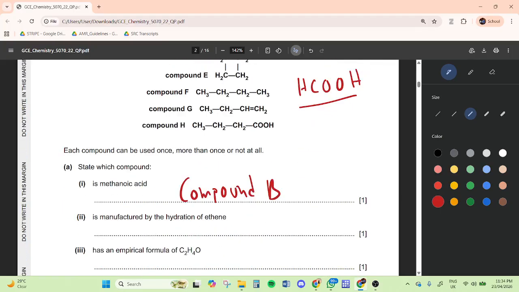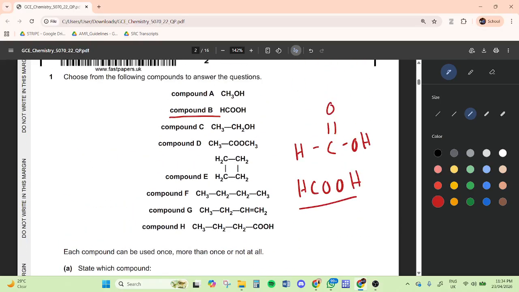The next one is manufactured by the hydration of ethene. So if you hydrate ethene, ethene looks something like this: C C H H H and H. So when you hydrate ethene, you're adding H2O to it.